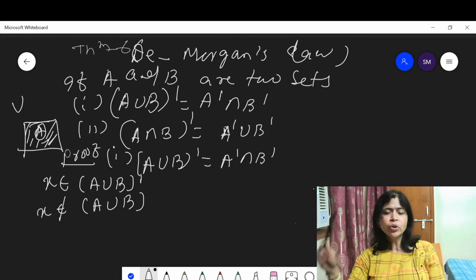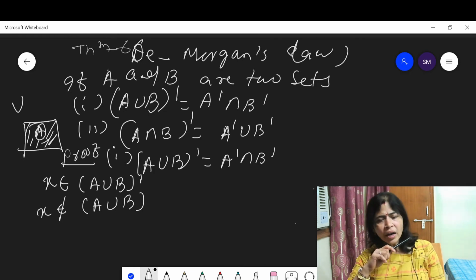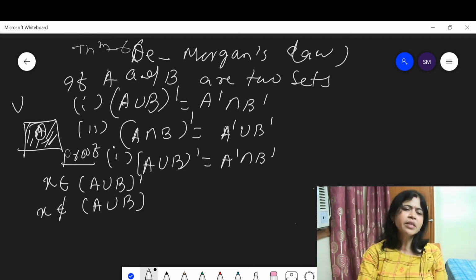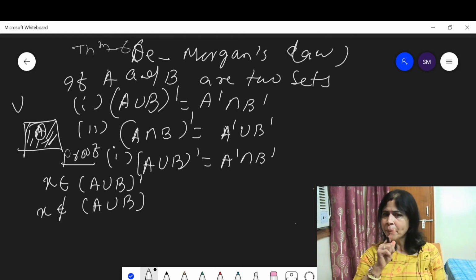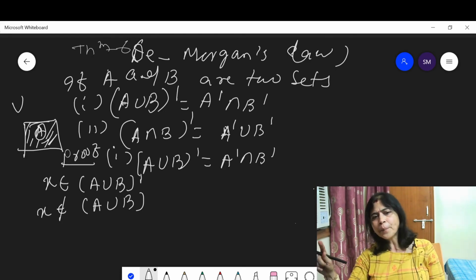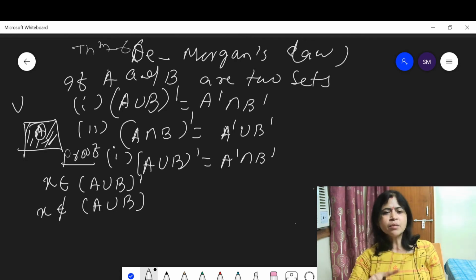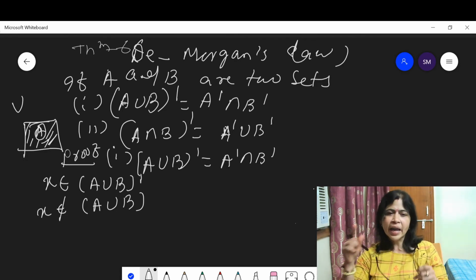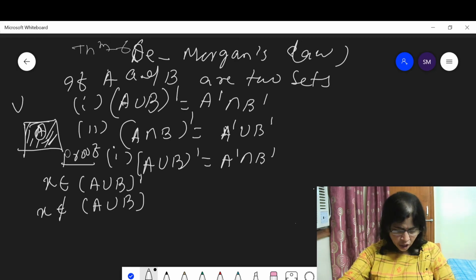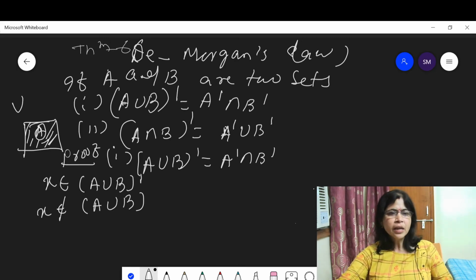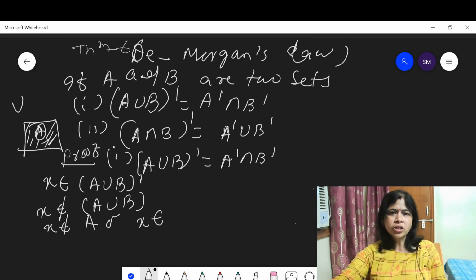Here (A union B) dash means all elements of the universal set excluding A union B. If X belongs to (A union B) dash, this means X doesn't belong to A union B.